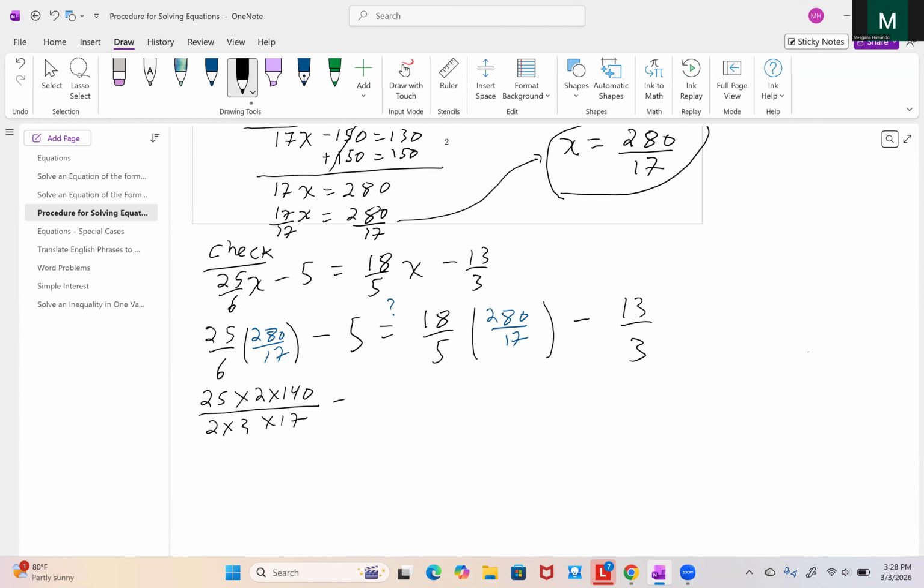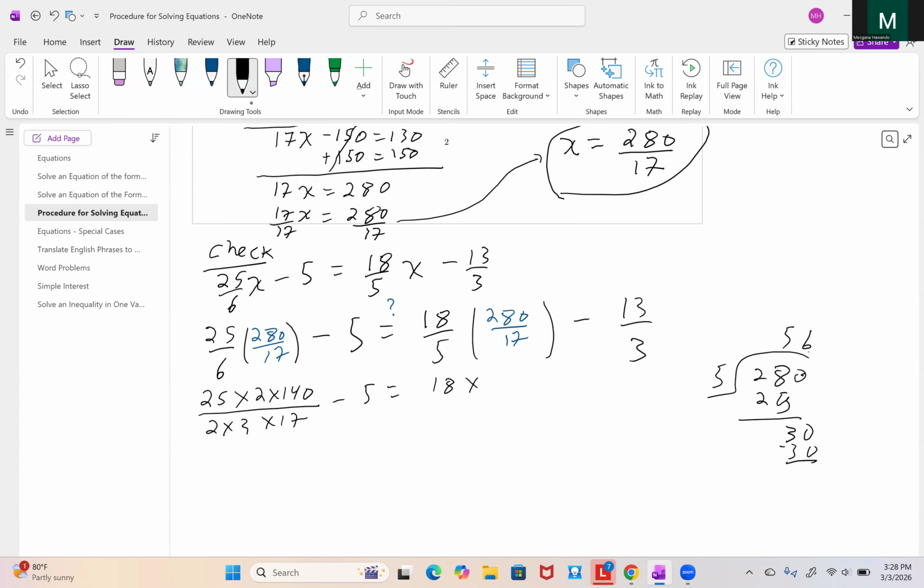So minus 5 is equal to, we can write this as 18 times 280 can divide into 5. 50 into 56, 6 times 5 is 30.